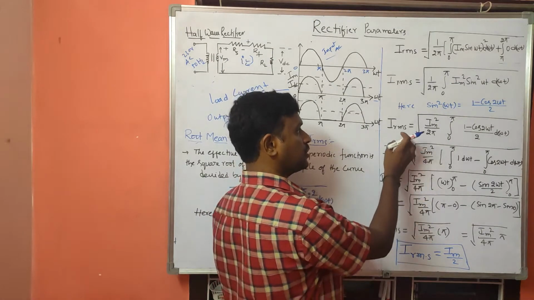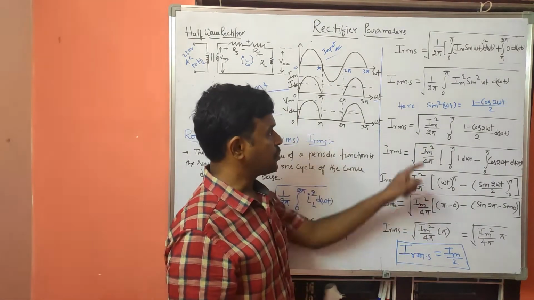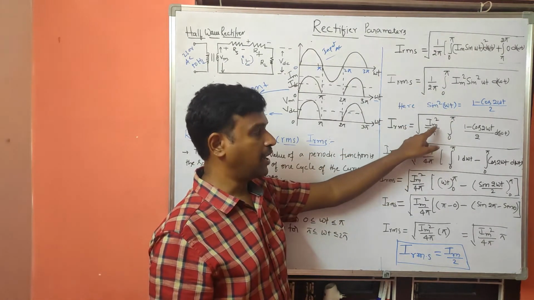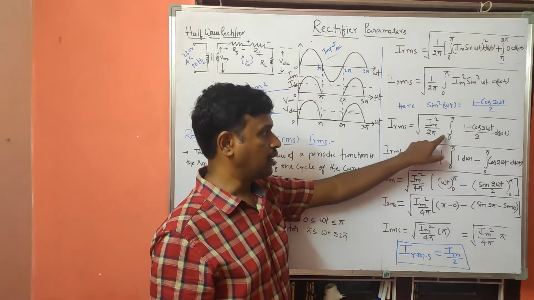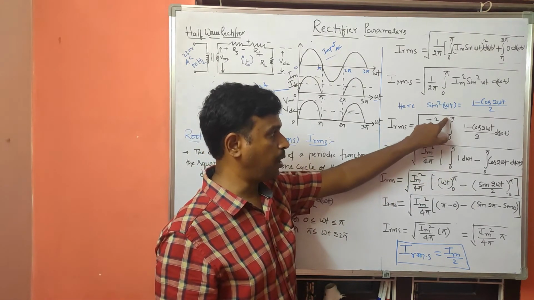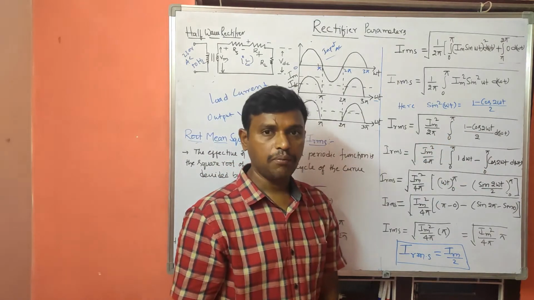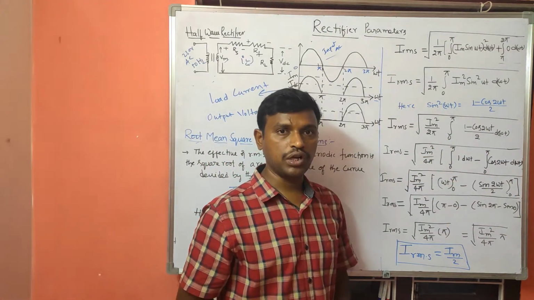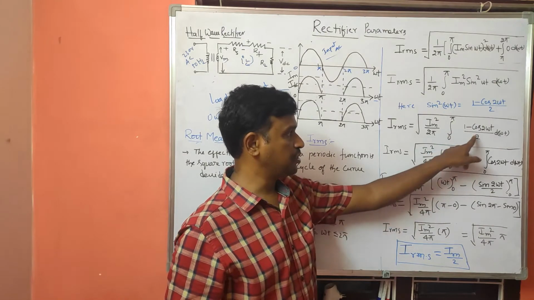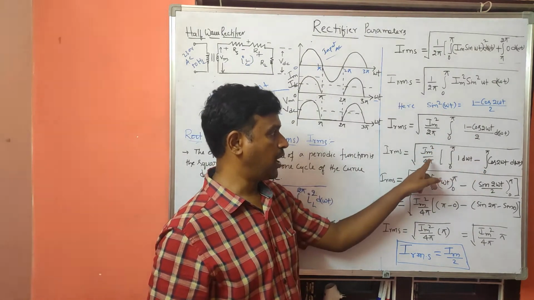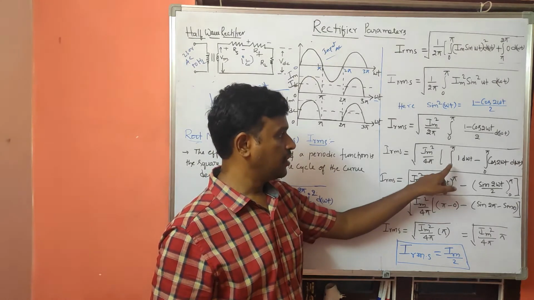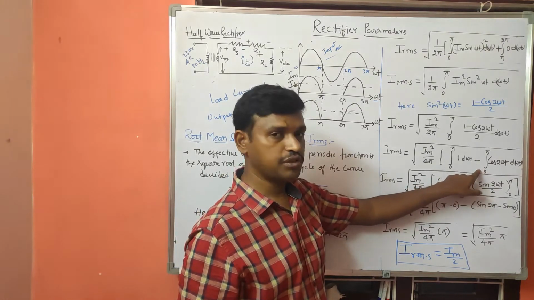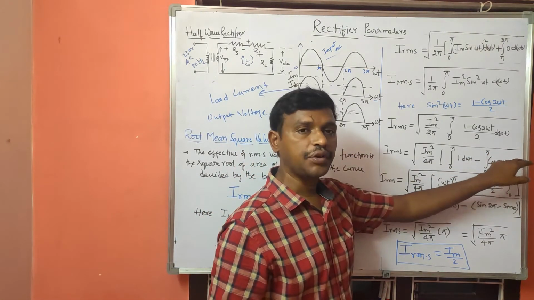Taking Im square outside of the integration, we get IRMS equal to the square root of Im square by 2 pi, integral from 0 to pi of (1 minus cos 2 omega t) by 2 d omega t. Taking the 2 into the constant, this becomes the square root of Im square by 4 pi, times the integral from 0 to pi of 1 d omega t minus the integral from 0 to pi of cos 2 omega t d omega t.